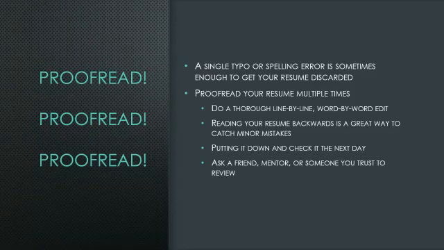But it was there all along, and it just looked right because you had been so focused on everything that you missed it. Reading your resume backwards is a great way to catch minor mistakes. It's a very slow and painstaking process, but it can be done because you're forcing yourself to go back through backwards, line by line, and just making sure that the word that's there is spelled correctly and it's the proper word for the sentence.